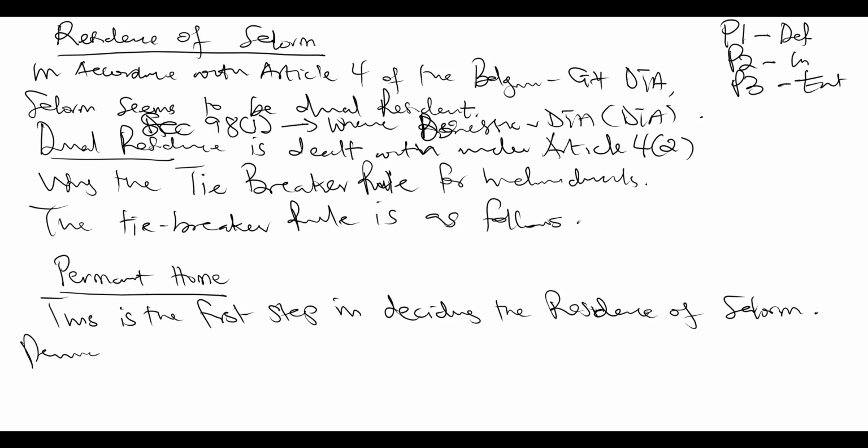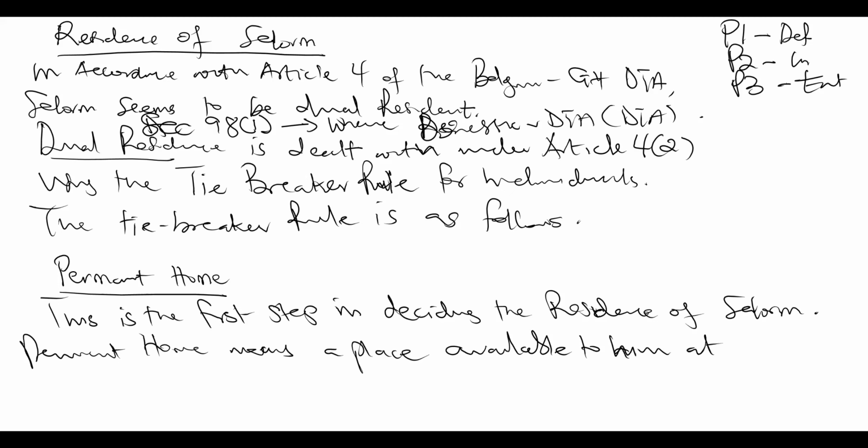Permanent home refers to what? Permanent home means a place available to him at all times. Bring the word continuous, or for a continuous period.